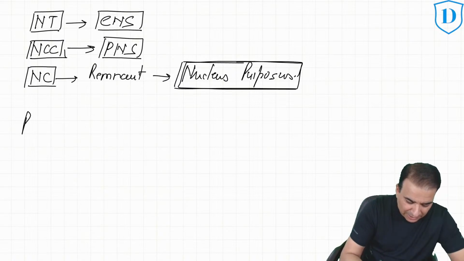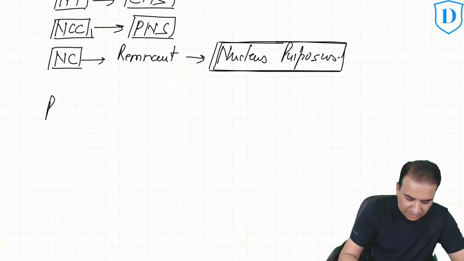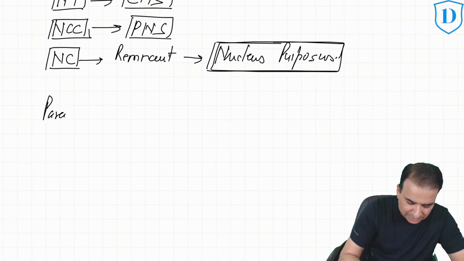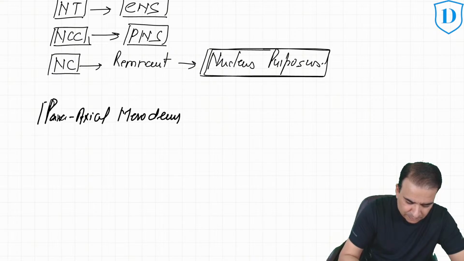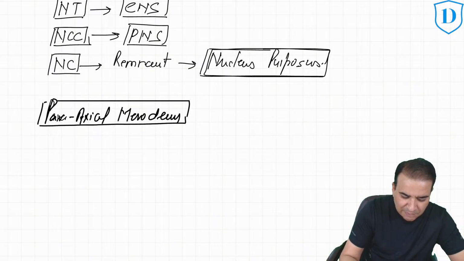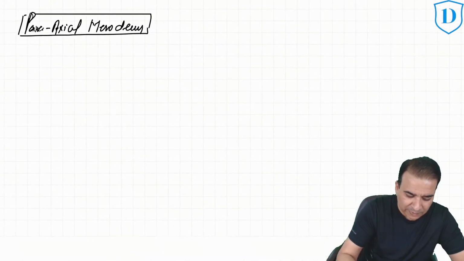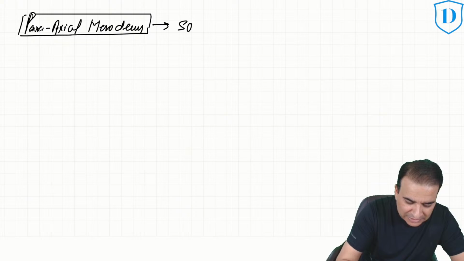Now let's come to paraxial, intermediate and lateral plate mesoderm. So if I may take it this way, look at the paraxial mesoderm. There will be thickening of the paraxial mesoderm, and that thickening will give rise to what? Somites.